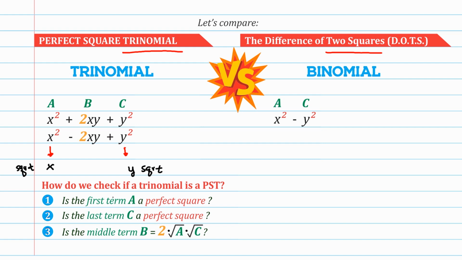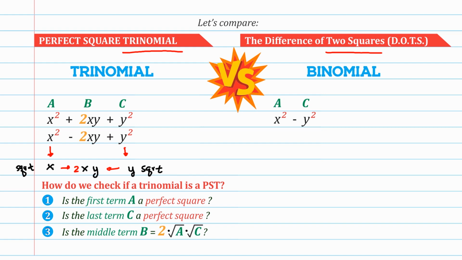And by answering these two questions, sigurado na ba tayo sa PST? No, recall. Ang gagawin natin is check pa the middle term. And that is double the product of the first and the square root of the last term. Now, check natin.